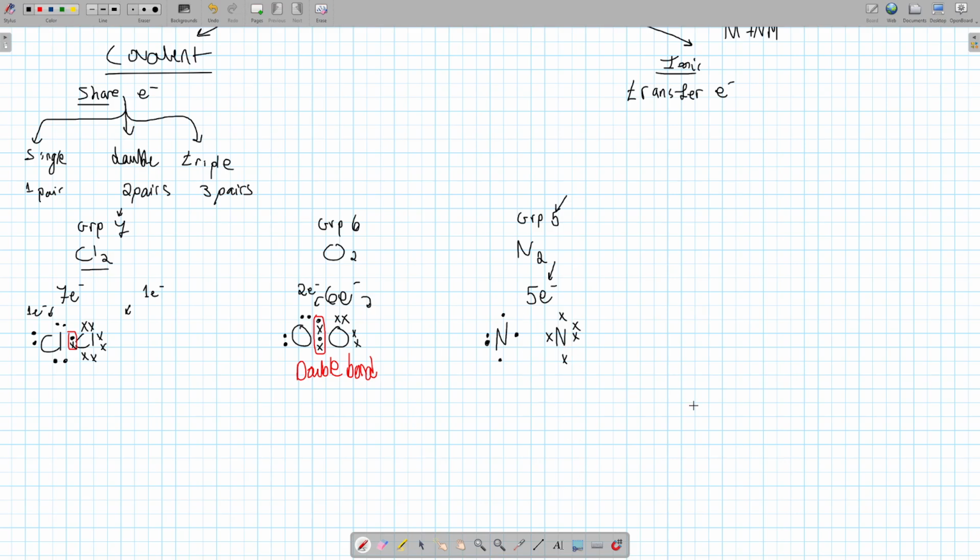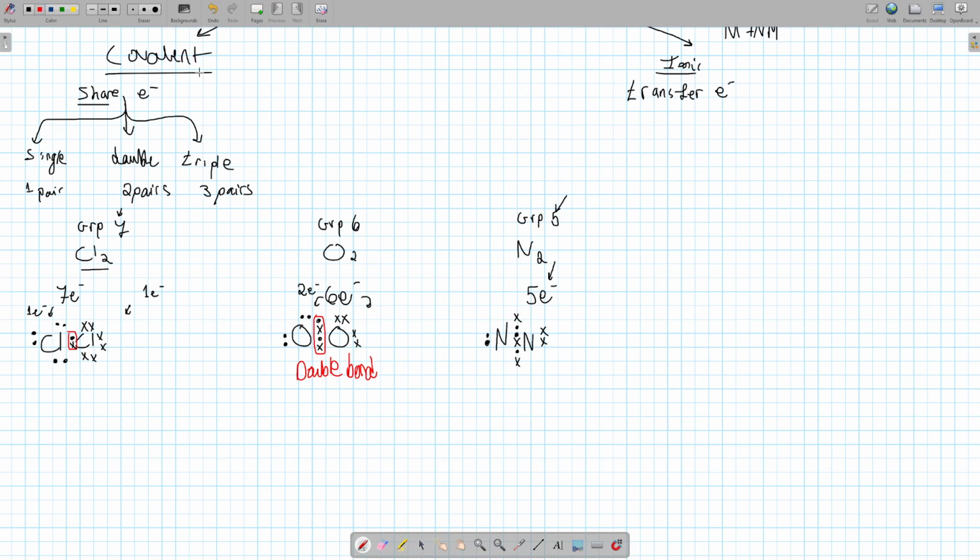It has 5. To get to 8, how much does it need? 3. It sees 3 free ones over here. So it comes closer and closer. Bam. This one goes here. This one goes here. And they all form a covalent bond in the middle over here.